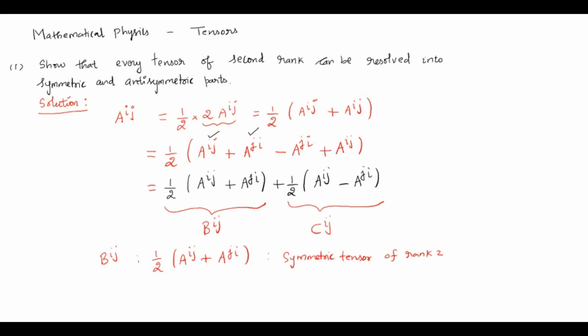Bij is 1 by 2 Aij plus Aji. Just interchange the indices. Now it becomes Bji, which is equal to 1 by 2 Aji plus Aij, because wherever you see i, replace by j, and wherever you see j, replace by i.